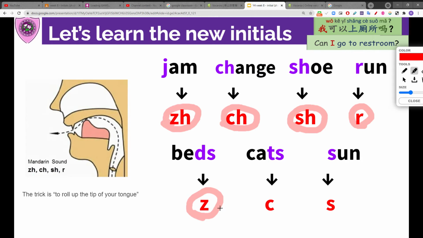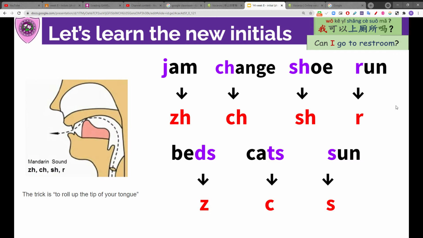The second one, c, c, c: when you read this one, you will feel the air coming between your teeth. The third one is the s, s, s sound. So now you know how to pronounce all of them.